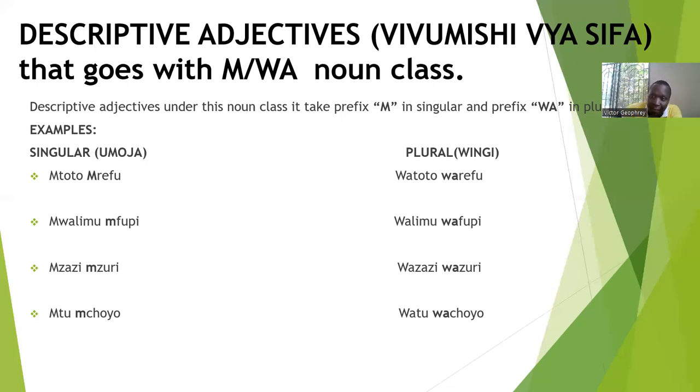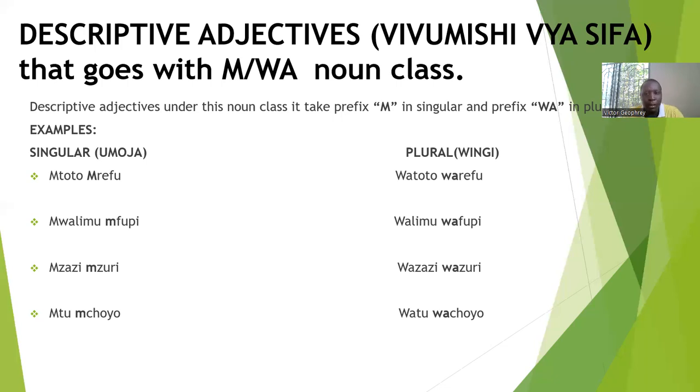So in our live class, we'll work on these different words used in describing. Then you apply the principle that we are applying over here under descriptive adjectives that are under one noun class. So during our live class, we have to stick to this, so that you can know more descriptive adjectives. You get me?